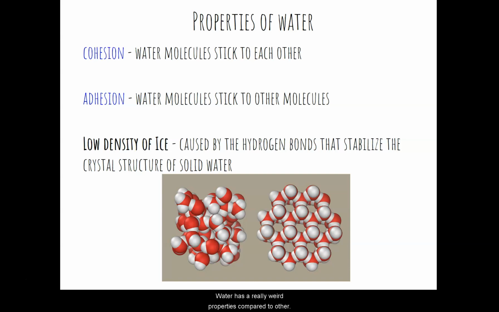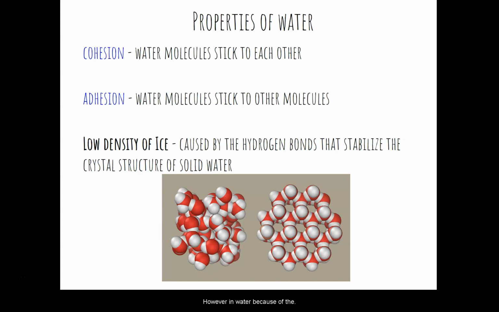Water has some really weird properties compared to other compounds. Typically, if you compare liquid, solid, and gas states for any compound, the gaseous state has the least density and the solid state has the most density. So if you put the solid into the liquid of that compound, the solid would sink.